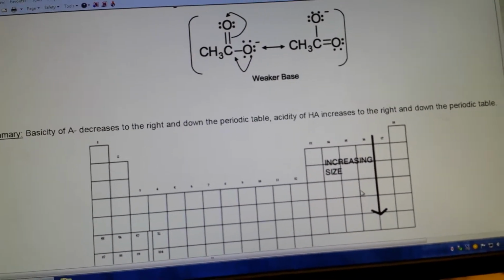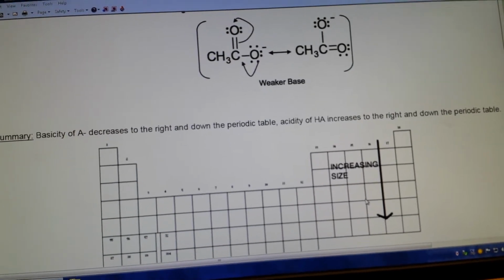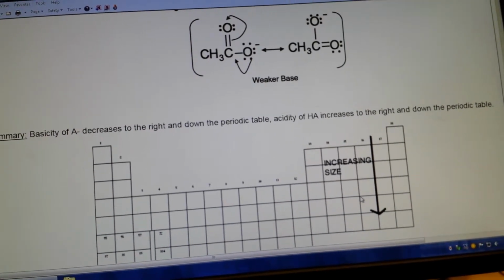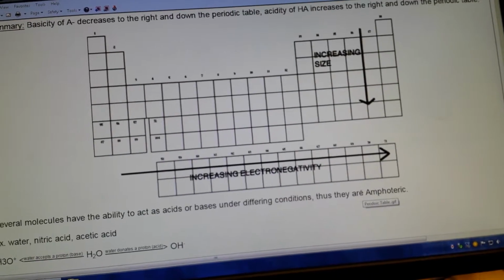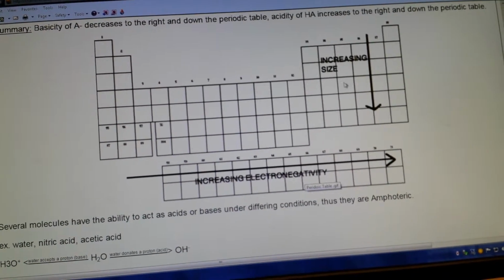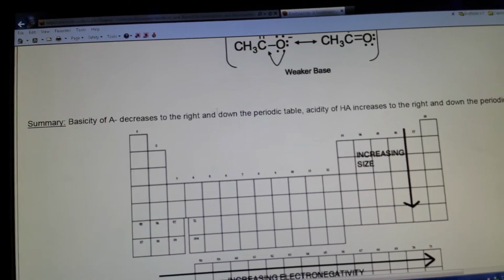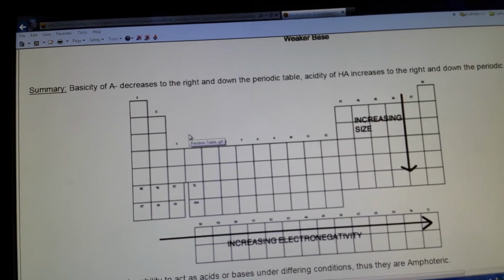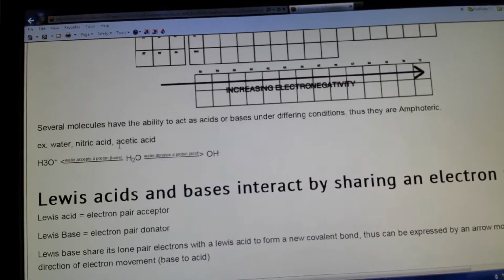If you go down, due to increased size there is more polarity and you can lose the proton more easily, so it is more acidic as well. With increasing electronegativity this way and increasing size this way, acidity increases and basicity decreases.